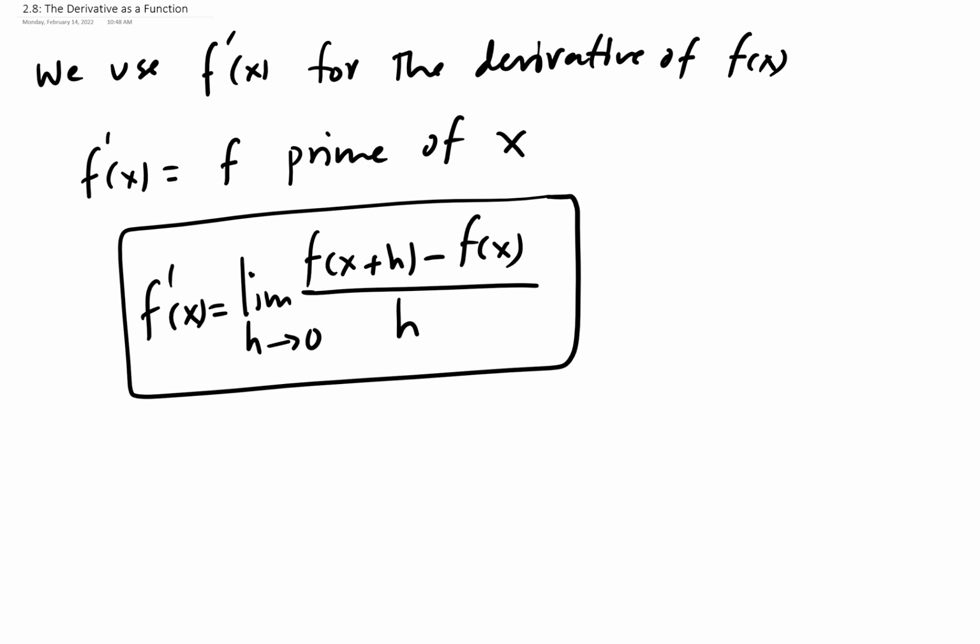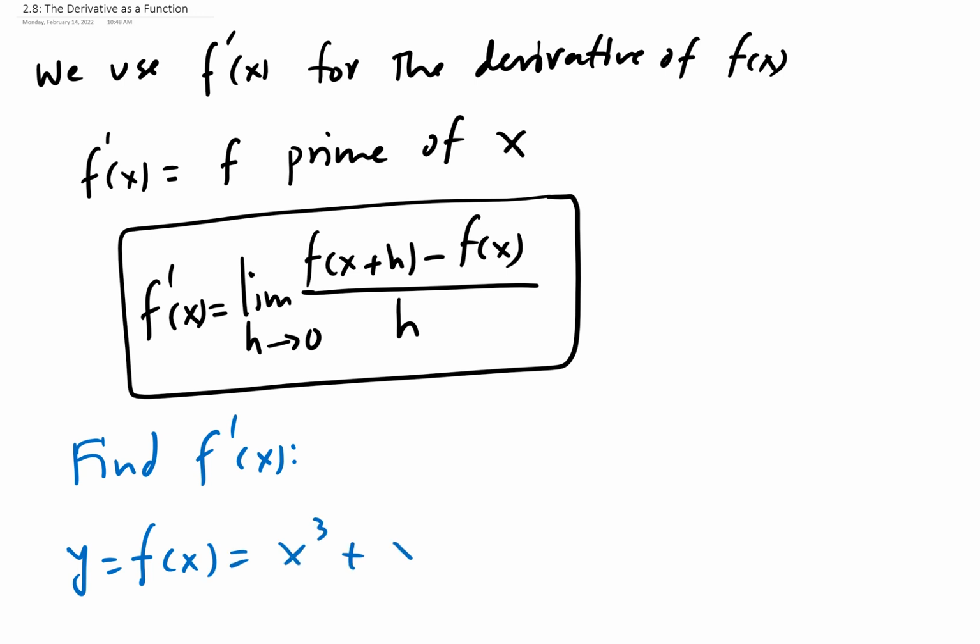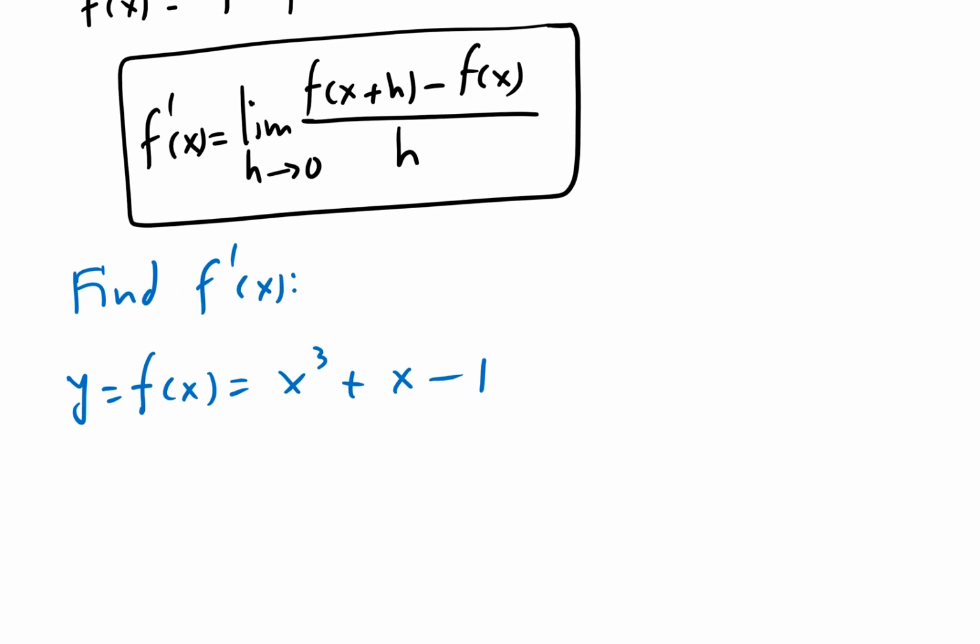So to apply it, find f prime of x for the function y equals f of x equals x cubed plus x minus 1. Let's start with this one. This is the definition of the derivative, the one I just showed you. I'm putting a frame for that.